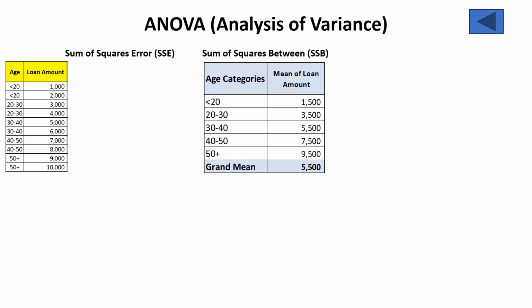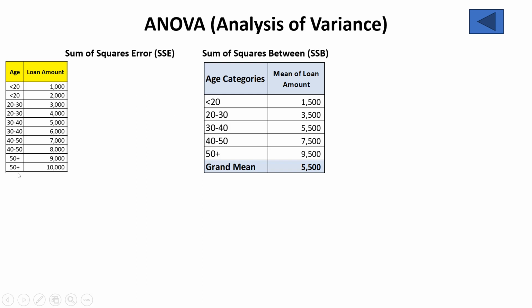Let me help you understand. Now have a look at this. You see there are 5 categories I have over here: less than 20, 20 to 30, 30 to 40, 40 to 50, and 50 plus. And for each of these categories, I have calculated the mean. For example, for less than 20, you have two records, 1000 and 2000. If you sum them up, it comes to 3000, and if you divide that by 2, you will get 1500.